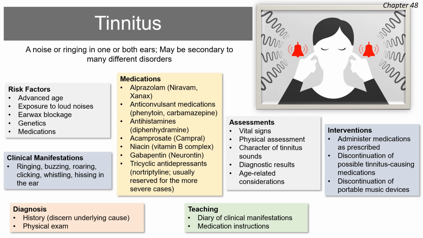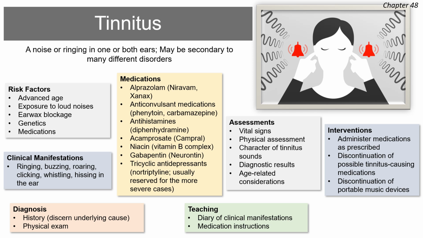When it comes to treatment for tinnitus, it's really going to depend on the cause. And all of these medications listed here, we have like Xanax, antihistamines, anticonvulsants, gabapentin. So these medications, it really just depends. And also it's kind of like a trial and error to see what works and what doesn't work.